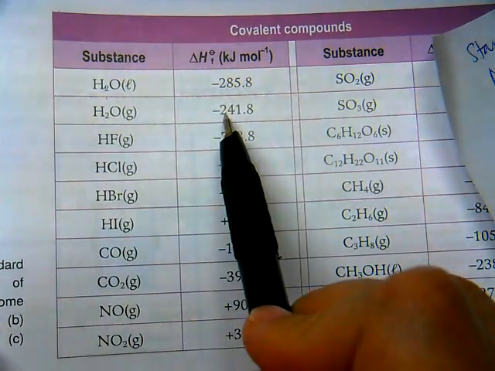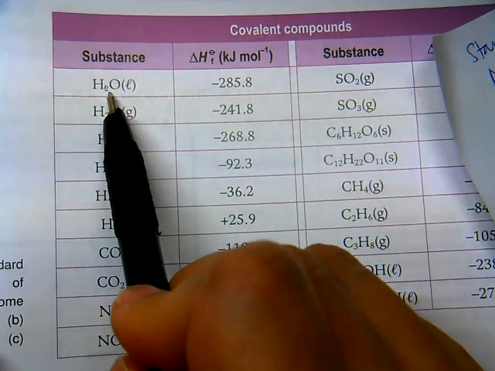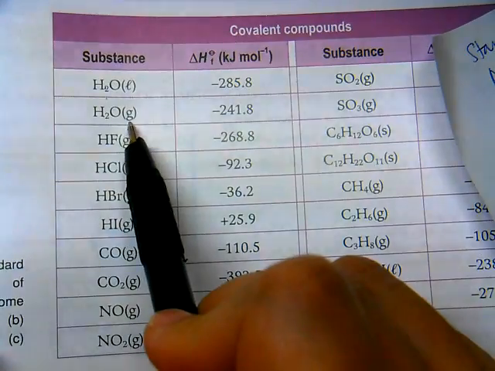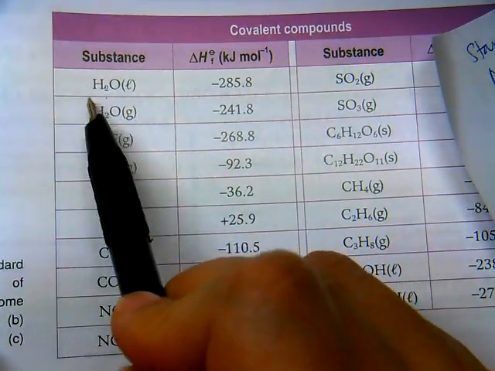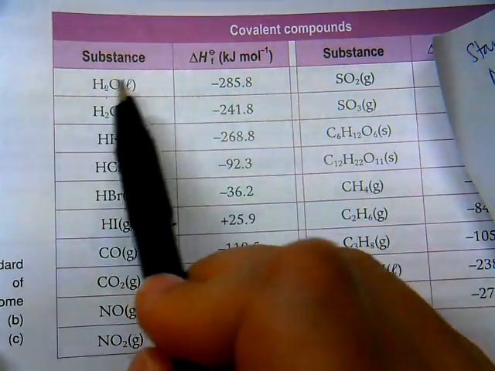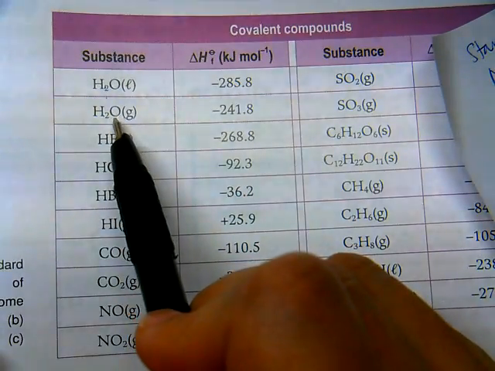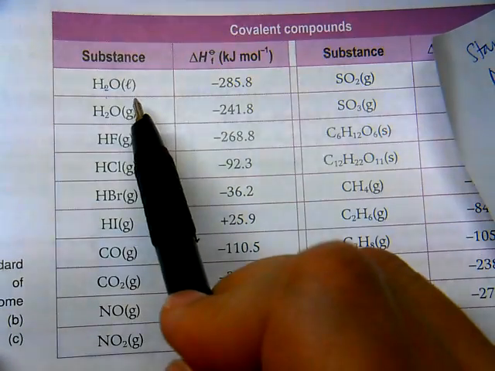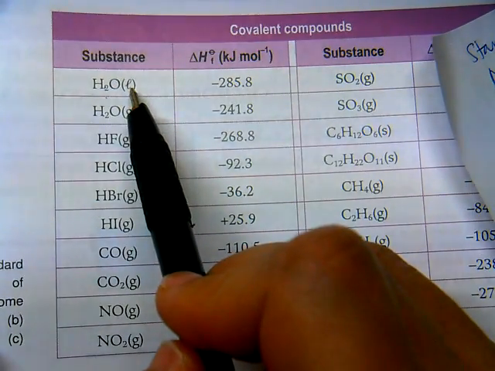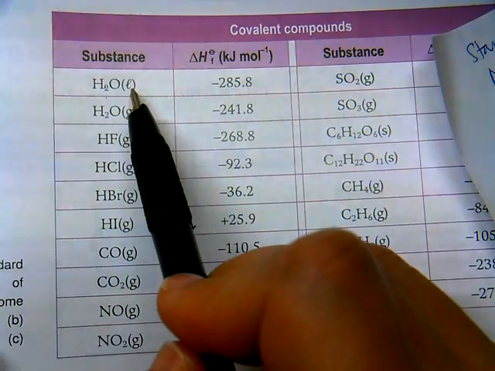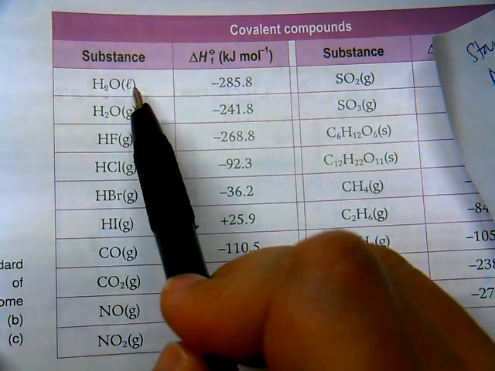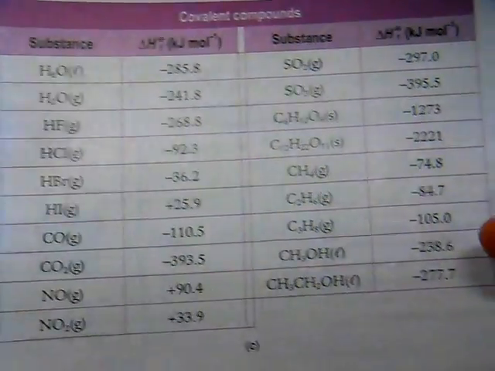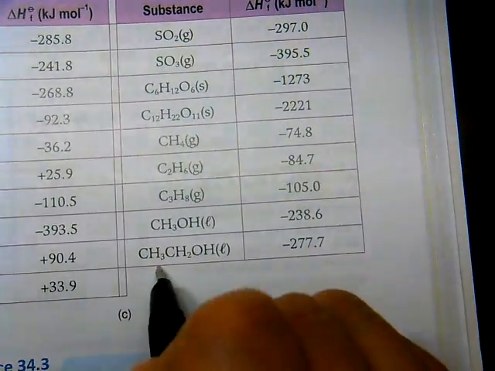They have different numbers. Of course, the enthalpy of H2O liquid is different from H2O gas. Now, I would like to use these two terms to emphasize, in writing thermochemical equations, states are very important. If you miss one of them, then no mark is given. Understand?